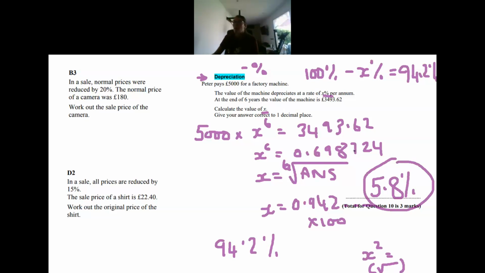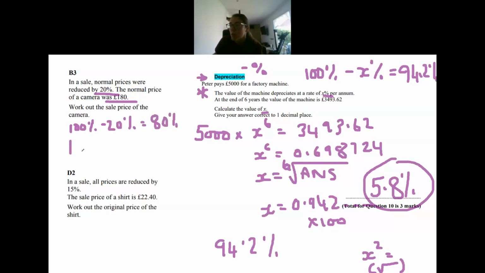So depreciation could also be something in the sale. It depreciates in value. You're losing value. I think it will be more like a question like this, but just to show you how to work out the multiplier. The original price is 100%. I'm reducing it by 20%. Therefore, my sale price is 80% of the original value.